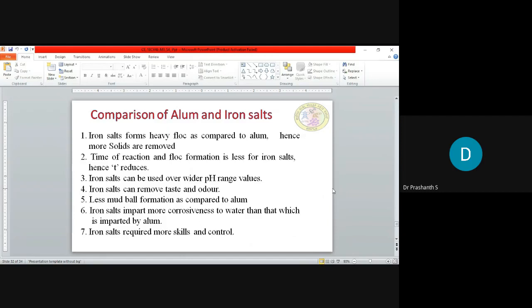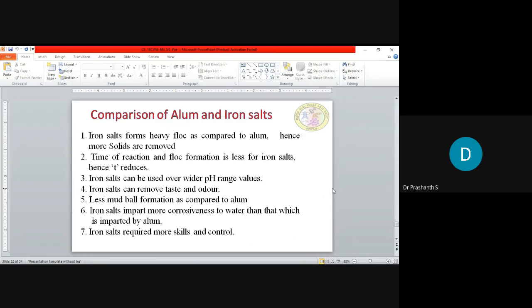So the first point is iron salts form heavy flock as compared to alum. Hence more solids are removed. Second, the time of reaction and flock formation is less for iron salts. It forms instantaneously, so time reduces. That's the advantage.